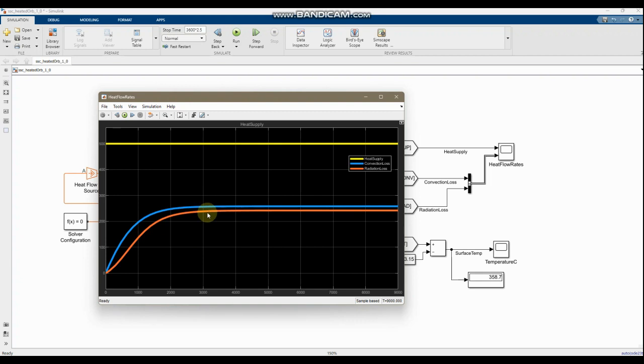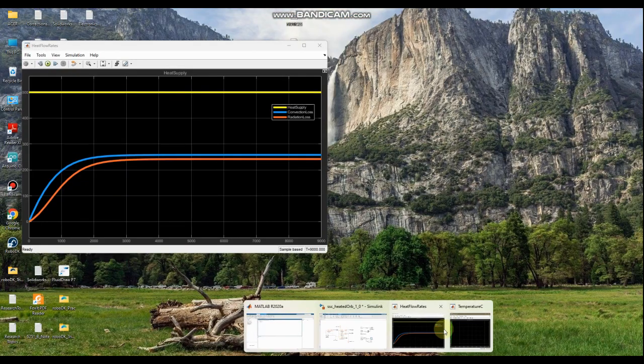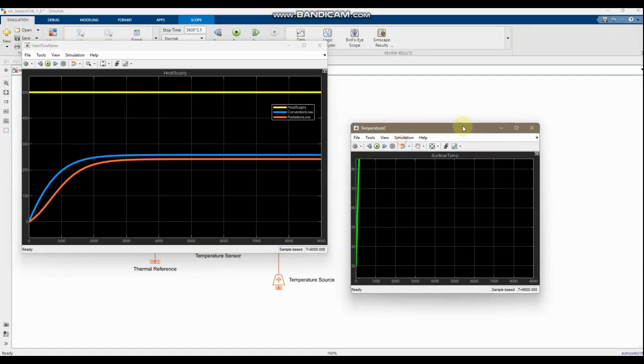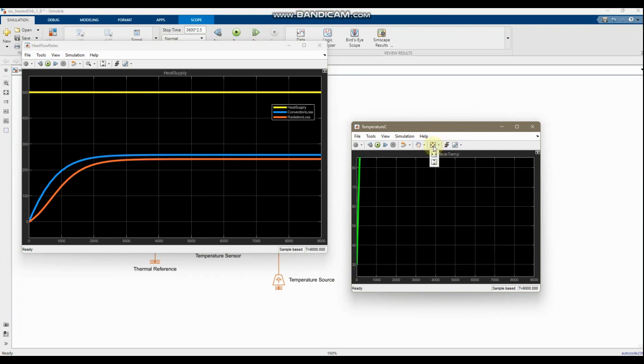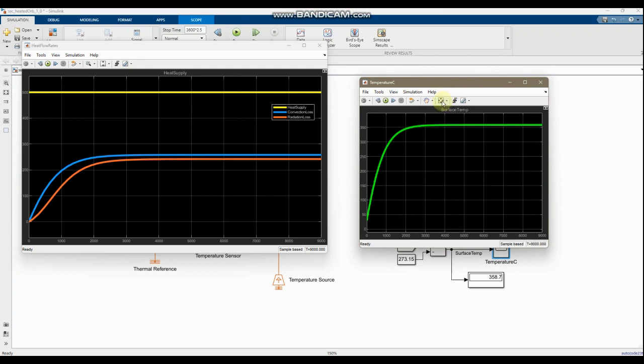So based on what I see for the heat transfer rates, after 3000 seconds, I think perhaps the temperature would have settled to some point as well. Yes, after 3000, oh no, let's say after 4,000 seconds, things would have settled and the temperature would settle at 358 Celsius.